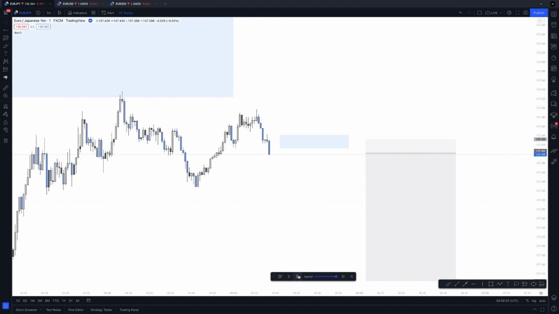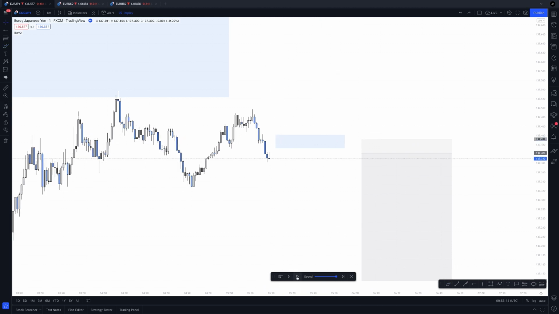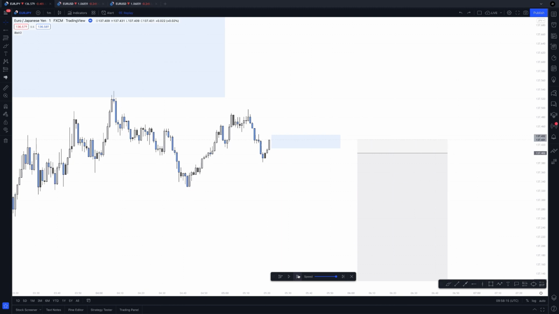Let's see. Again, we made a retrace and we broke the low, so we would maybe be trading continuations here, maybe an opportunity for a continuation. This is our first entry that you could take.